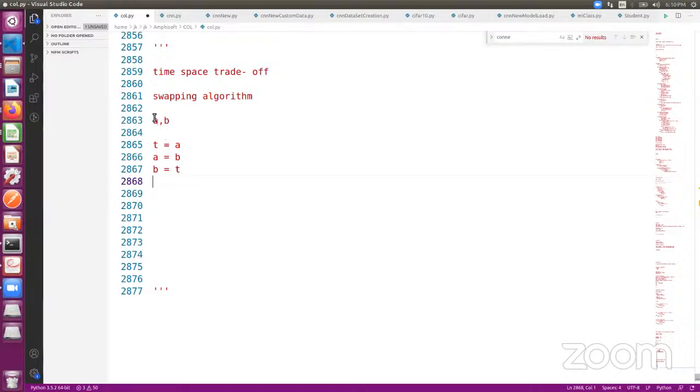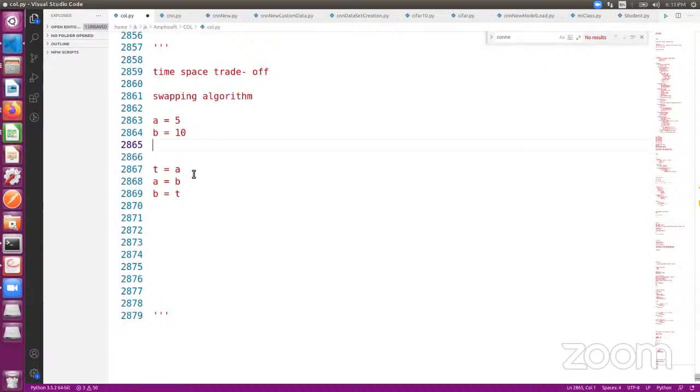Right? So suppose A is equal to 5 and B is equal to 10. Now here, what happens? The value of T becomes 5, right? So T is equal to A. Now T's value is 5.